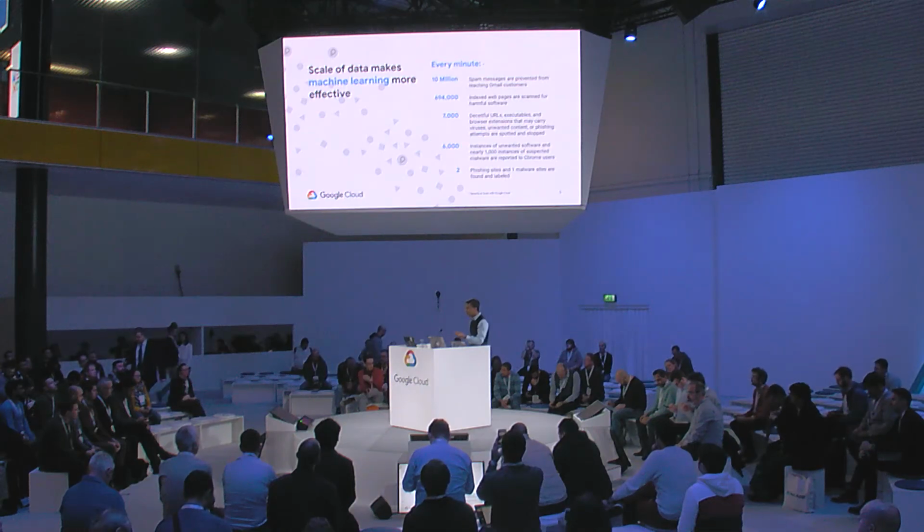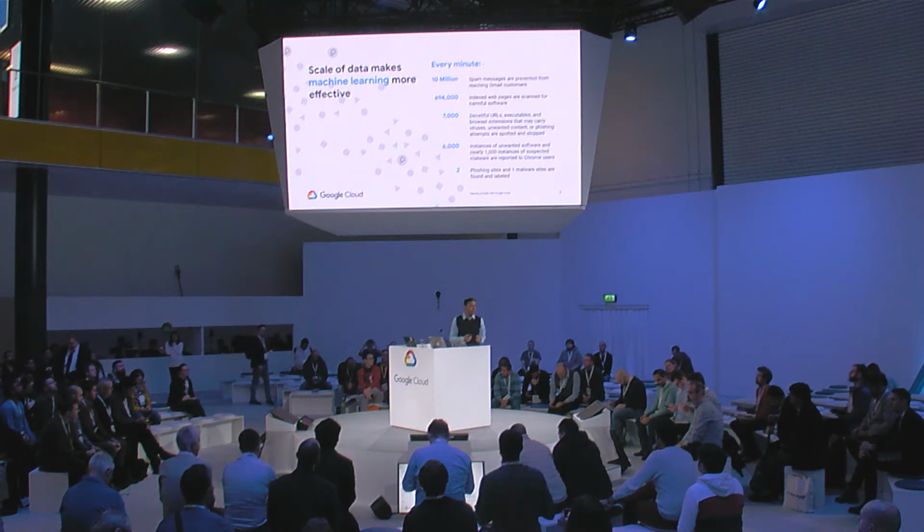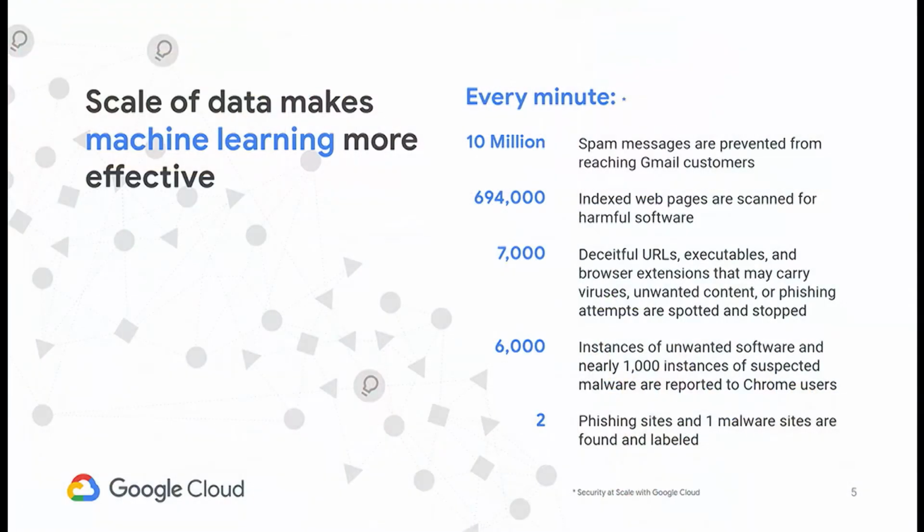Now, in security, scale matters, and it matters a lot. Every minute, 10 million spam messages are prevented from reaching Gmail customers, and we go through about 700,000 pages for harmful content. Once we get all these security signals and the security data, we're able to construct much better machine learning models to figure out what an attack looks like in the making.